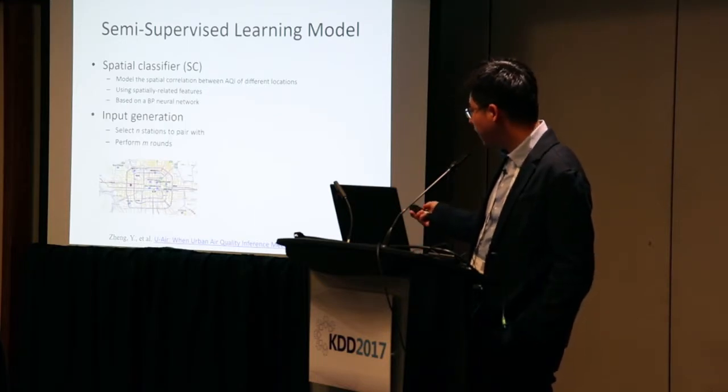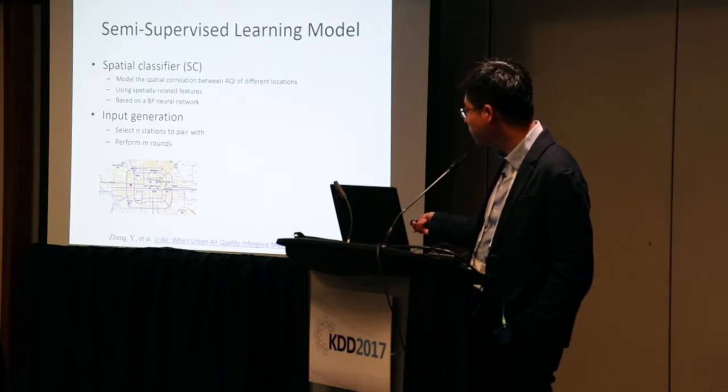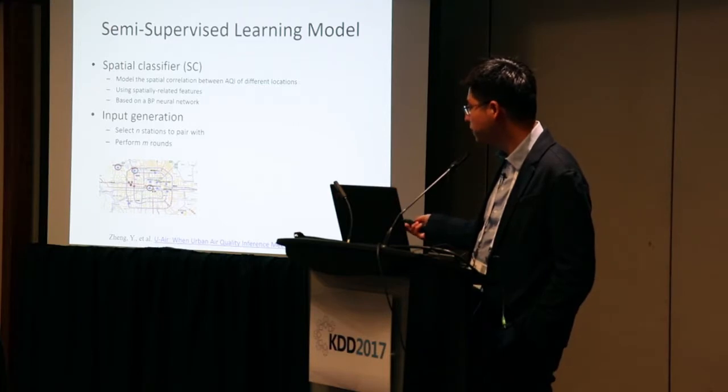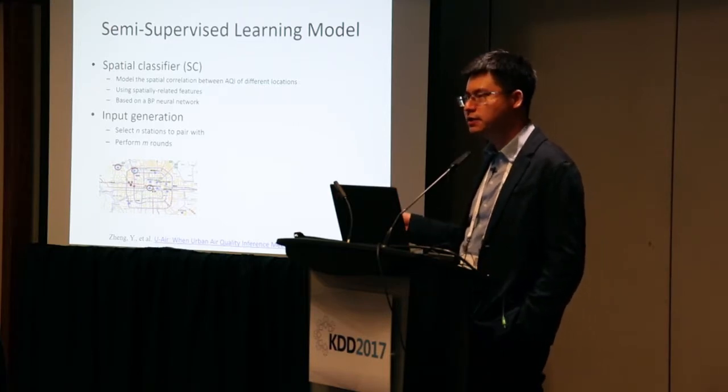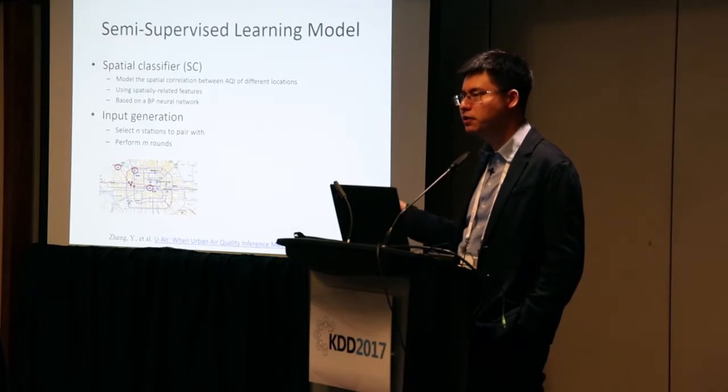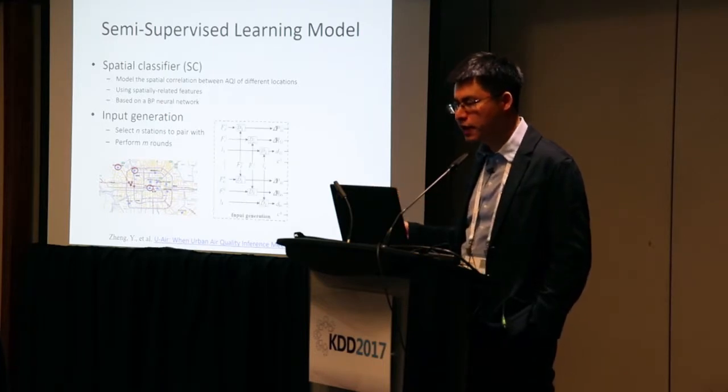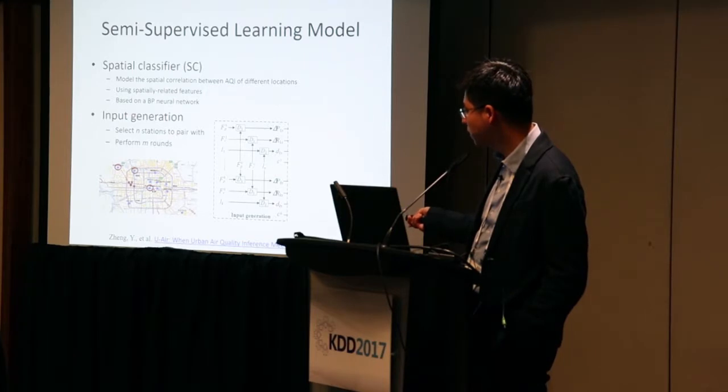For the spatial classifier, we pair a location we're going to predict with other stations, for example, with 3 stations that are available. We calculate the difference between their geographic features. For example, we can calculate the geographic distance between the location we're going to predict and the station.